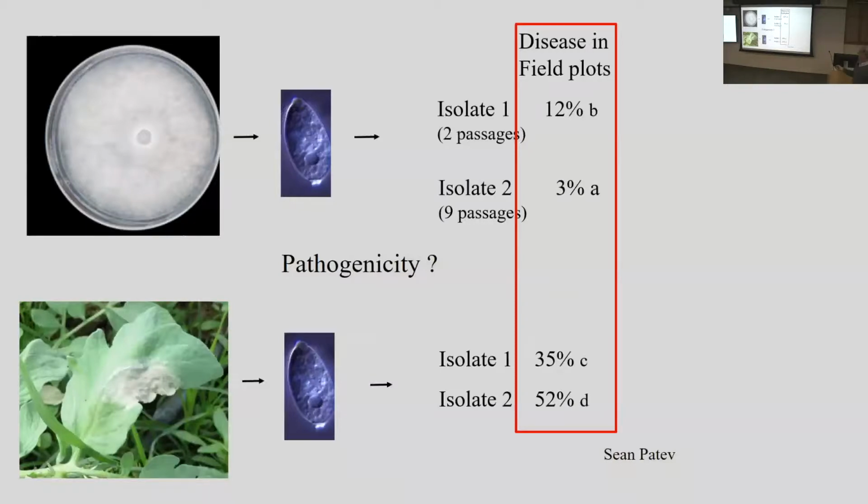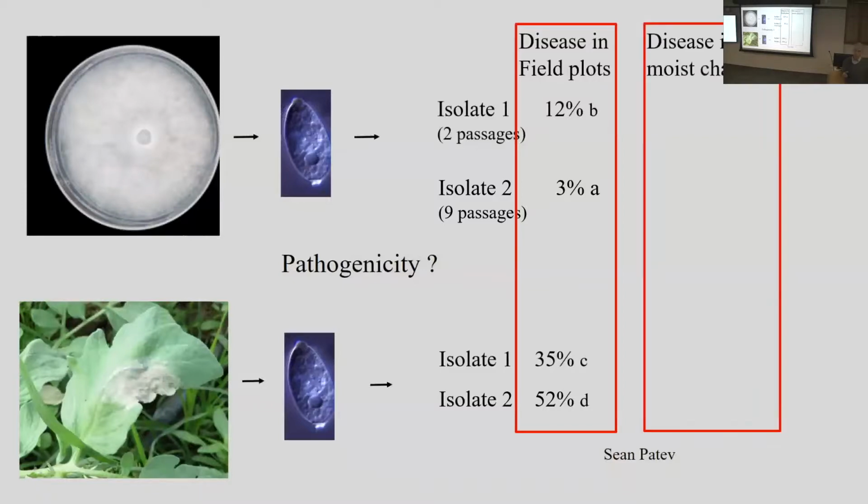If he looked at isolate 2, which had been on a plate for at least 9 passages, he found 3% disease versus 52% disease. So there's quite a bit more disease resulting from the same number of sporangia, depending on where the spores come from. There's little disease if they come from a plate, lots more disease if they come from a leaflet.